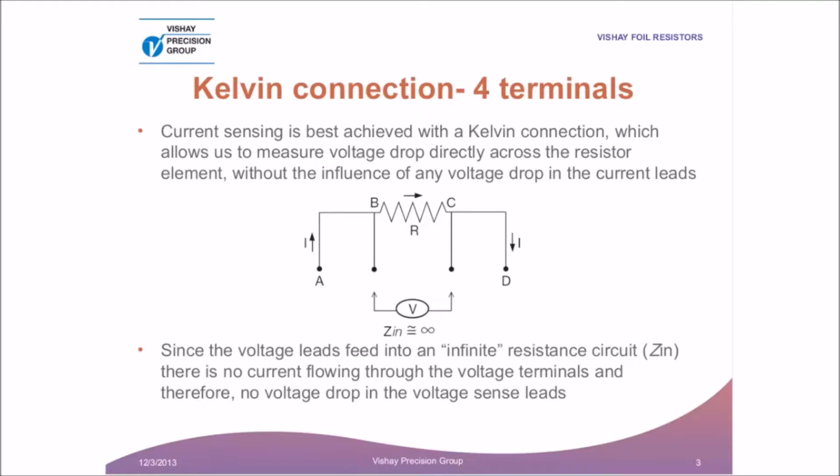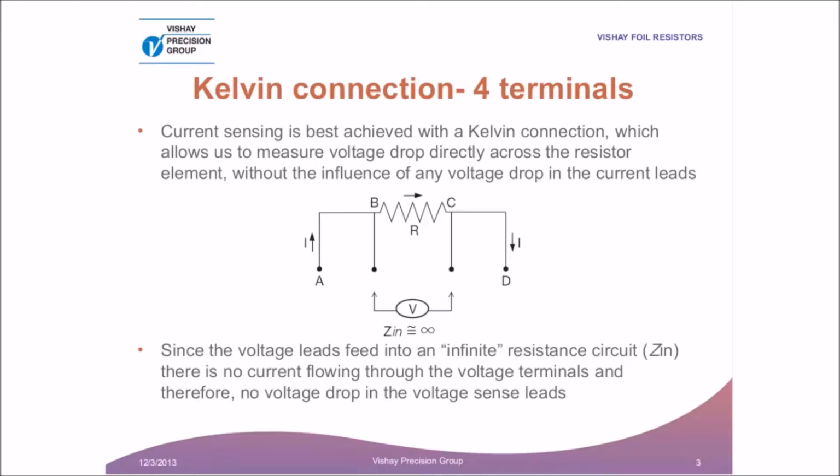Since the input impedance of the measurement equipment used to measure the voltage is of high value, almost infinity in most cases, this means that there will be almost zero current flowing in the voltage sense leads and hence almost no voltage drop in these voltage sense leads, which means we are detecting precisely the voltage drop across the resistor element.